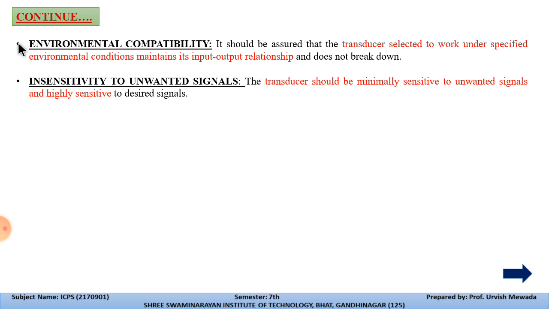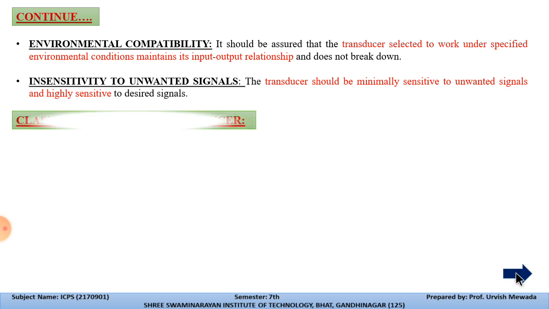So the transducer which we use at those premises should be insensitive to unwanted signals, meaning for those signals it should not give an output. Only for the quantity which we need to measure should the transducer give a response, with proper accuracy and proper resolution. So these are the selection criteria for the transducer.